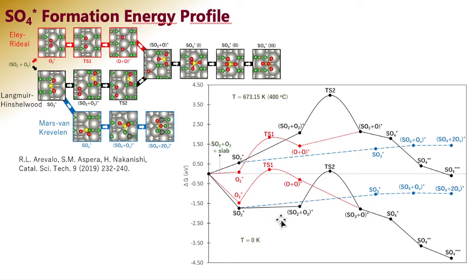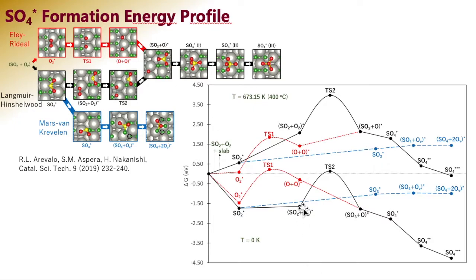In the Langmuir-Hinshelwood path, SO2 adsorbs on the surface with greater adsorption energy than molecular oxygen. The coadsorbed state, SO2 plus O2, is only slightly downhill in energy from the adsorbed SO2 state. This state is expected to have a lower energy in the zero coverage limit, as the lateral interaction between SO2 and O2 becomes negligible.